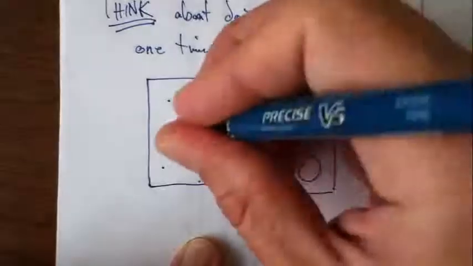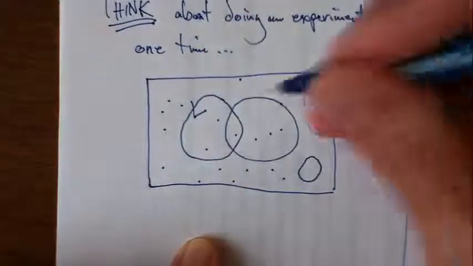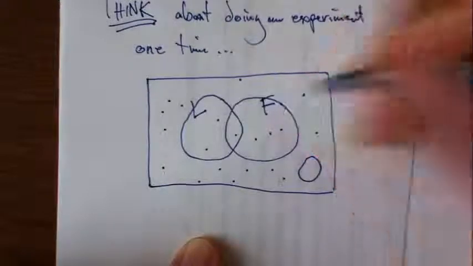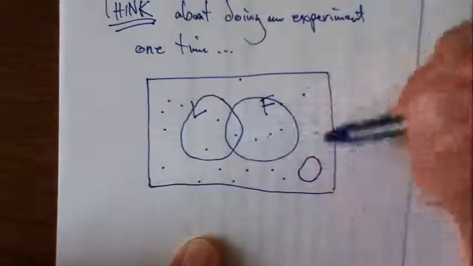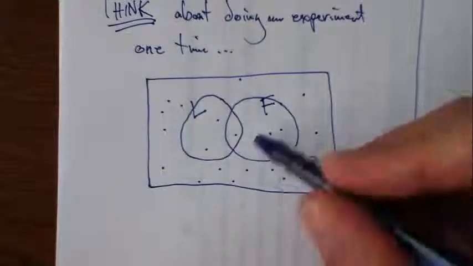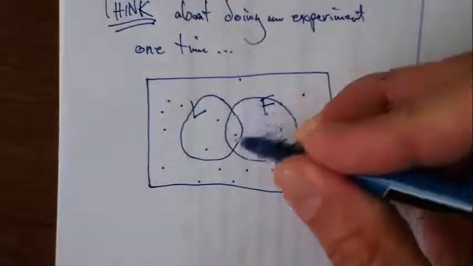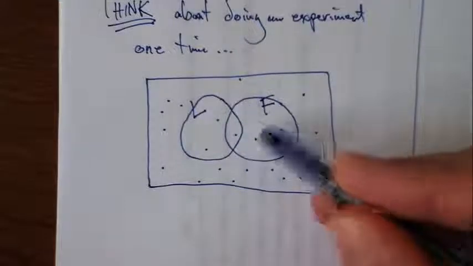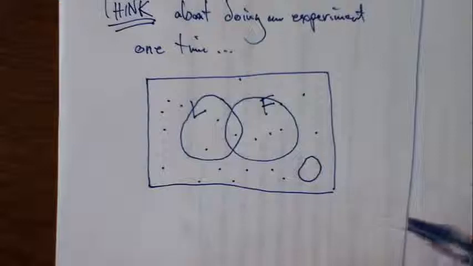And maybe this is the event that you live to be 105. Then what is this in here? This is really great because it means that you won the lottery and you survived to 105, right?